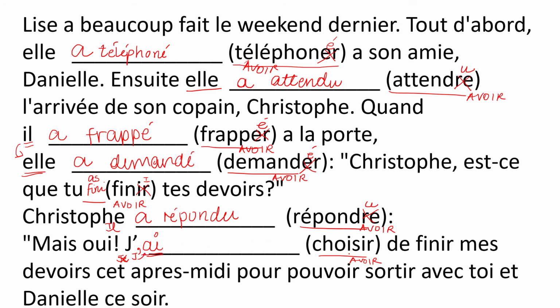Now choisir is a normal ir verb like finir, so to get the participle, replace ir with I. Okay, and you will get j'ai choisi. I chose, j'ai choisi de finir mes devoirs cet après-midi. I chose to finish my homework this afternoon pour pouvoir sortir avec toi et Daniel ce soir, so that I could be able to go out with you and Daniel this evening.